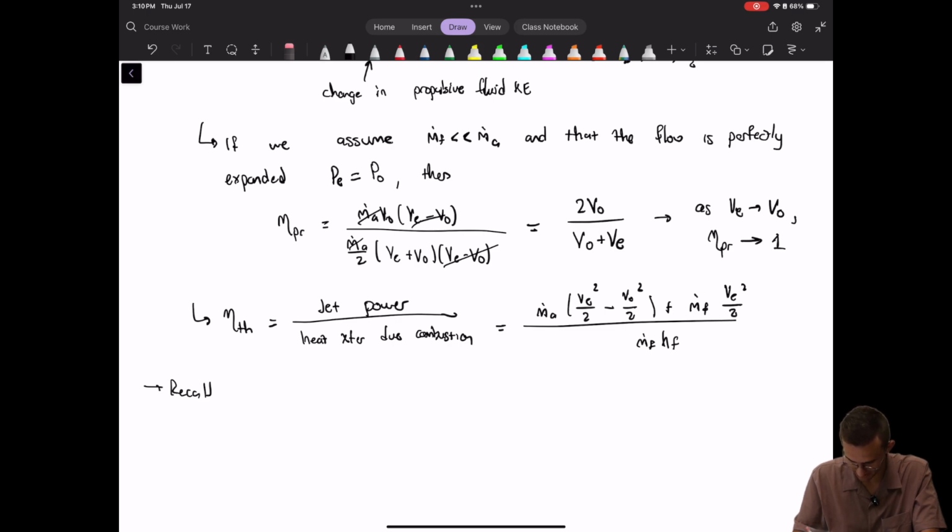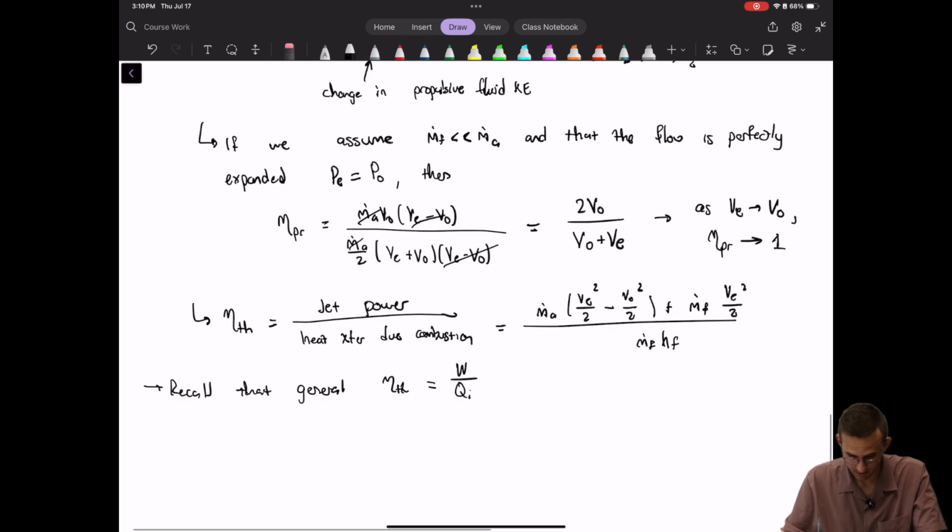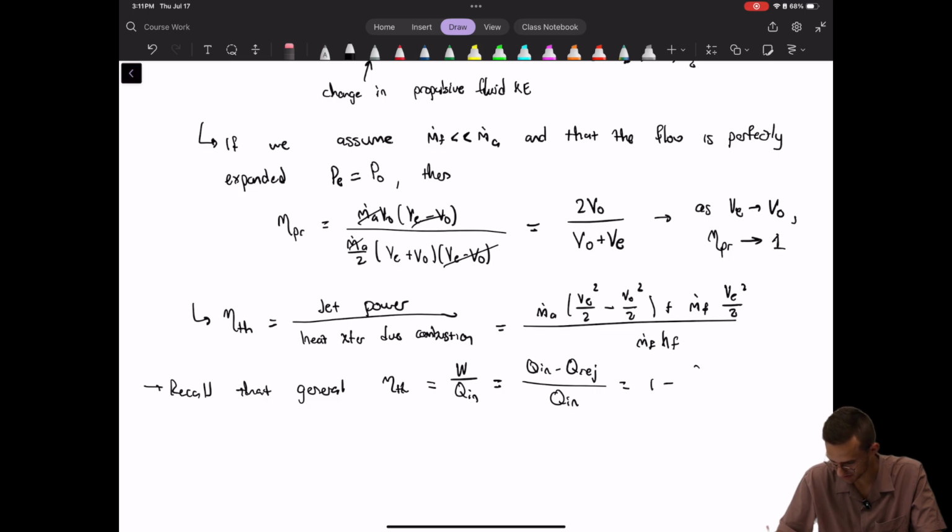The general eta thermodynamic is equal to the amount of work you get out divided by the amount of heat you put in, which is just Q in minus Q rejected over Q in, which results in 1 minus Q rejected divided by Q in. Okay, it's like a generic definition.